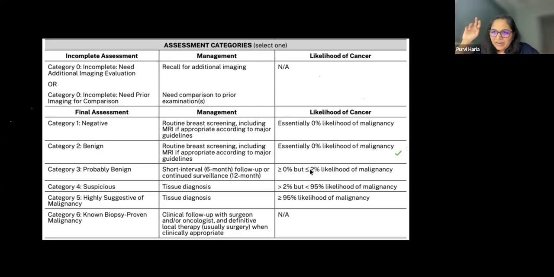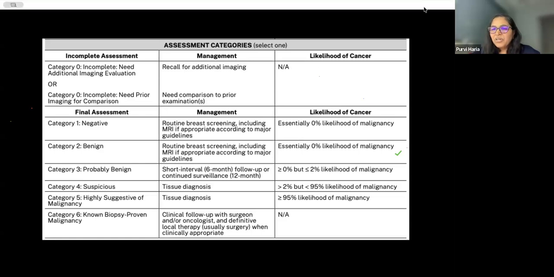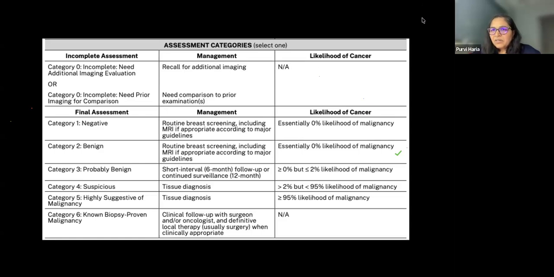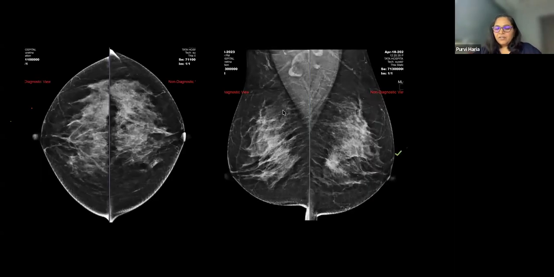But as per the BI-RADS lexicon, there is no subcategorization for breast MR. And then there are 5 and 6. Everything else remains the same as the mammography BI-RADS assessment categories. So with that, let's see one case, and then we'll see if you want to see more.